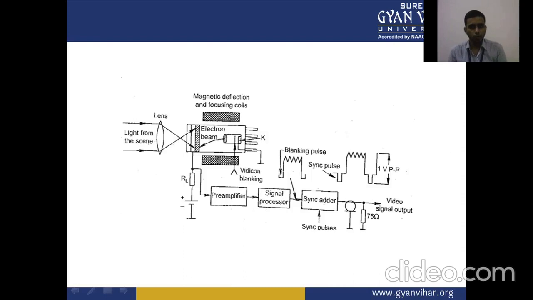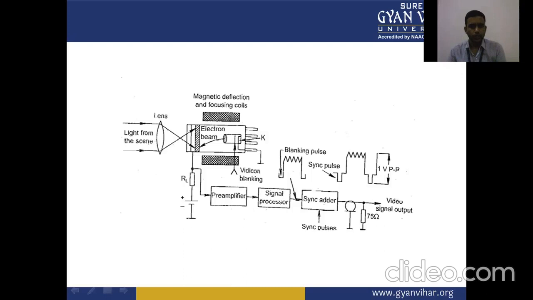The output of the glass plate is provided to the load resistor, and we have a preamplifier to amplify the output signal. Synchronizing pulses are added by the sync adder, and blanking pulses are added at the signal processor, in between the signal processor and the sync adder.